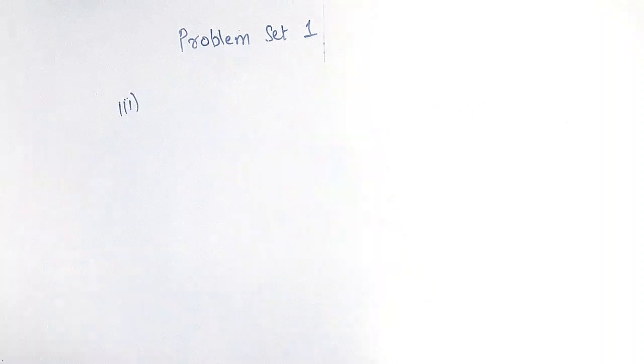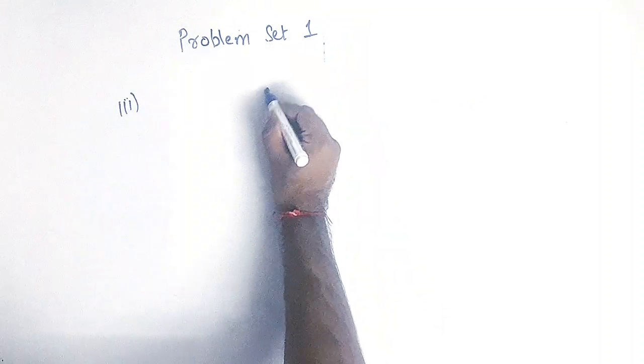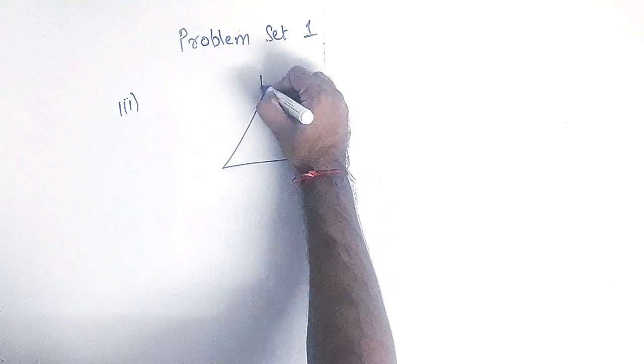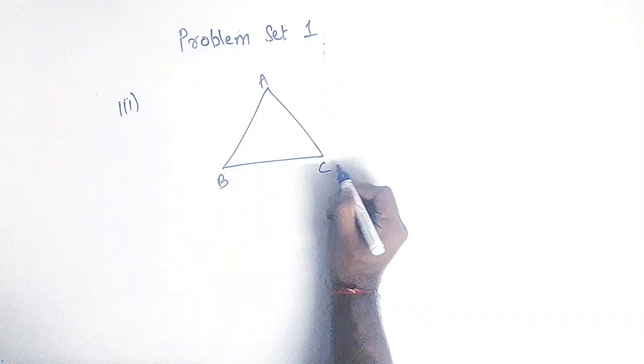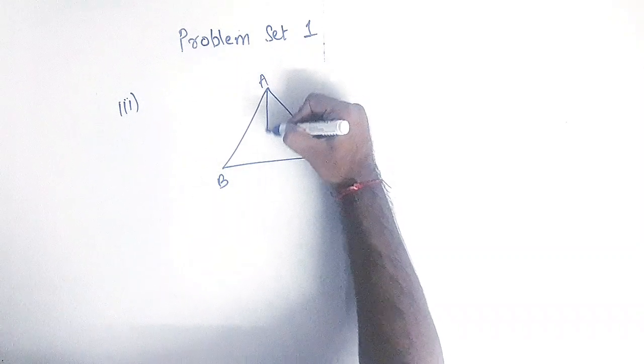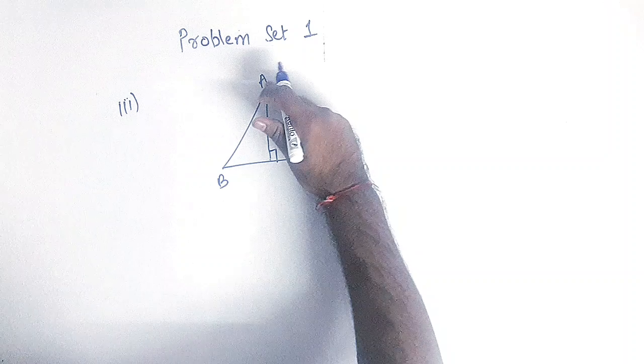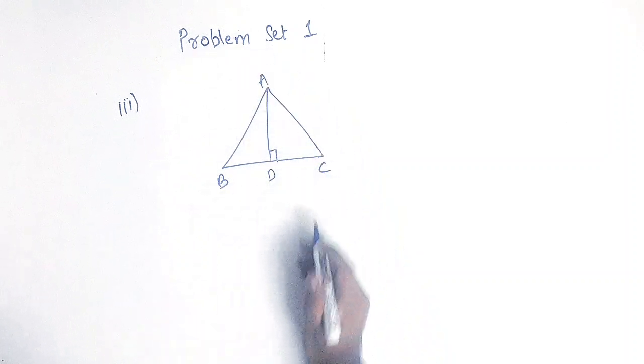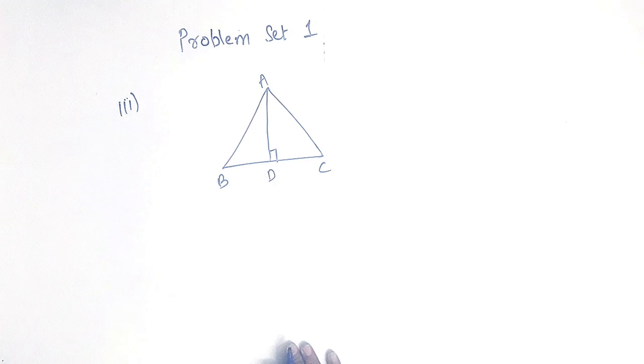The third one says that if altitudes drawn on two sides of a triangle are congruent. What does that mean? Altitude, first of all, means it is perpendicular, like AD is perpendicular to BC. The other name for altitude is height.